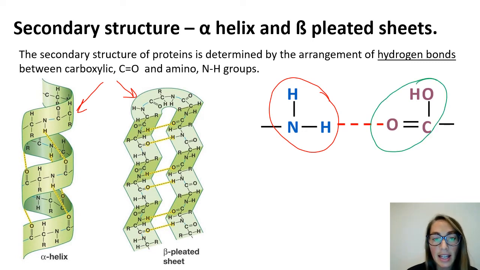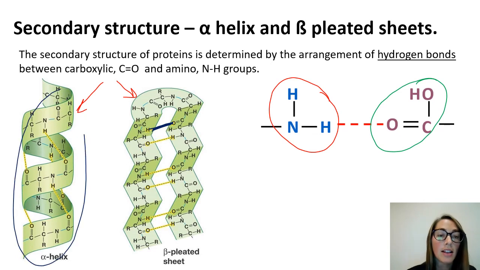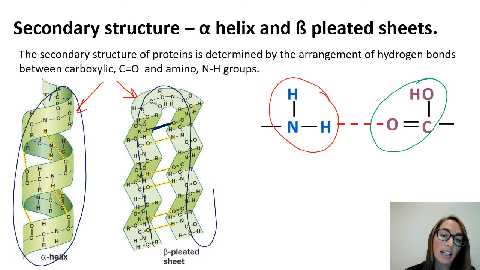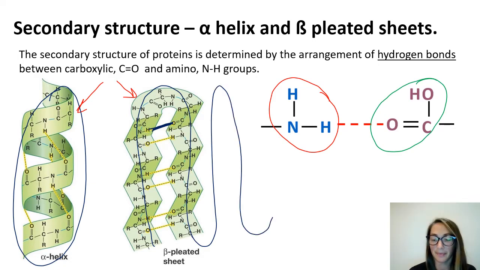So you can see here, this hydrogen bond is forming between those groups on different amino acids. And that allows either the helix coiled shape that you can see here in the alpha helix, or this folding that you see in a beta pleated sheet.